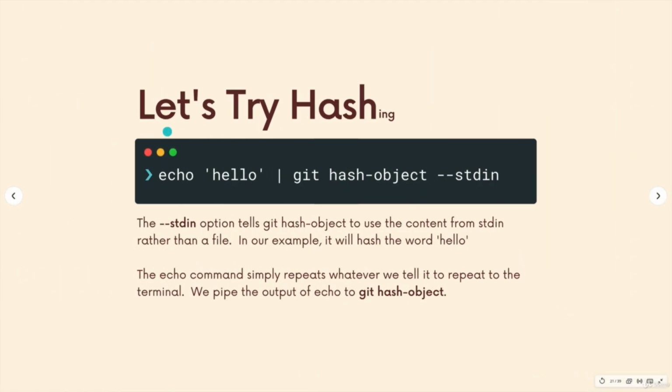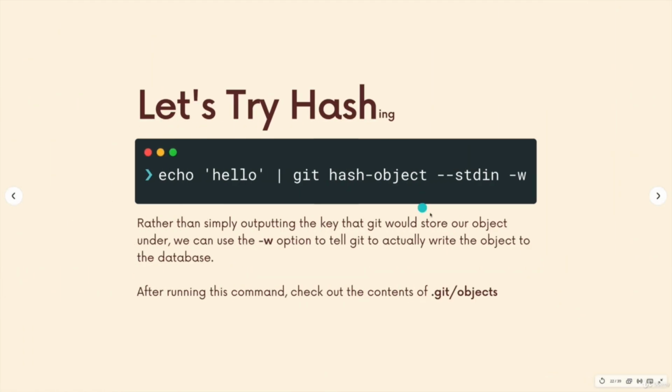However, if we add on this additional option, -w, I think it's just --write, W for write, this is going to tell Git to actually store our object. Actually take this information, in our case, the string hello, hash it with SHA-1, and then store that.